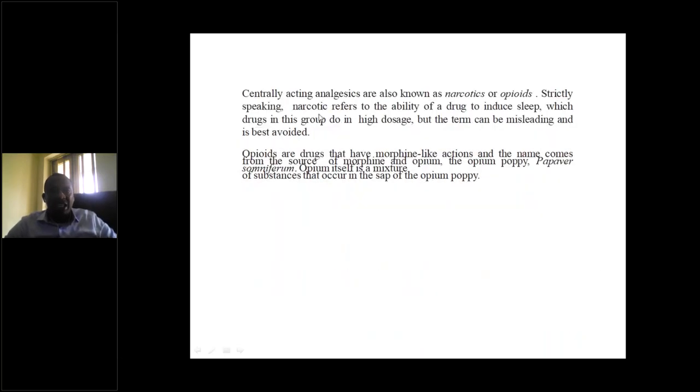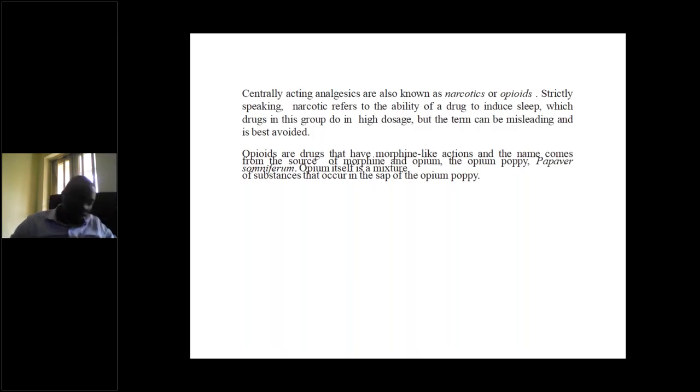Now let's look at centrally acting analgesics. There are also analgesics that act on the central nervous system, centrally, so they can act in the brain. Examples are called narcotics or opioids. People can become addicted to those drugs. Opioids and narcotics include things like tramadol.